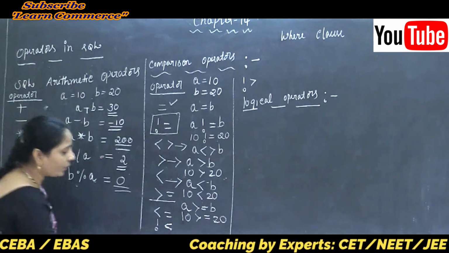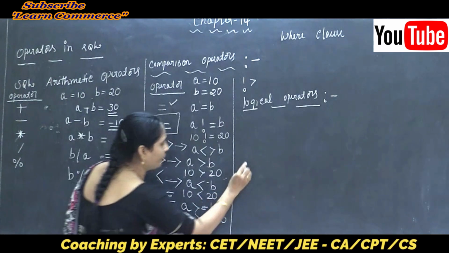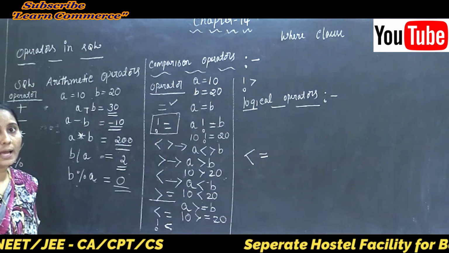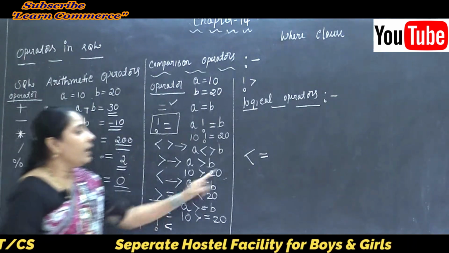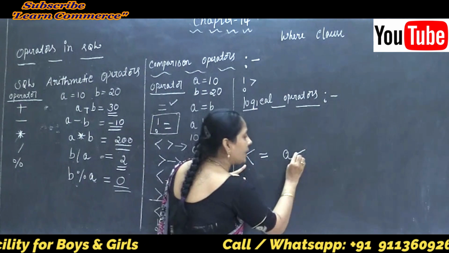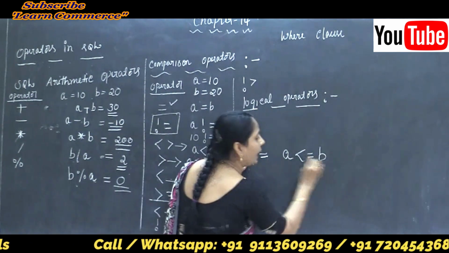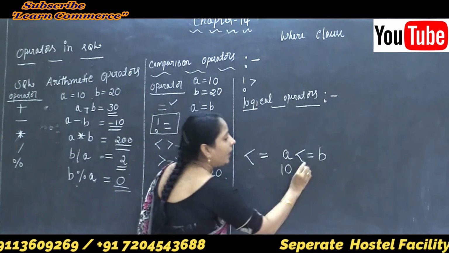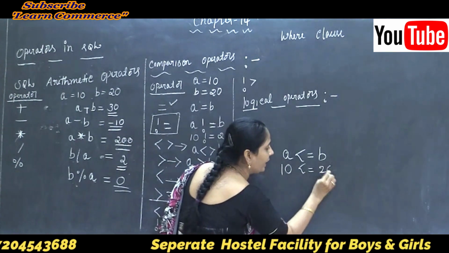Okay? And later, the next thing is less than or equal to. Check whether the value of the left hand operand is less than the value of the right hand operand. The left hand operand is 10 and the right hand operand is 20.